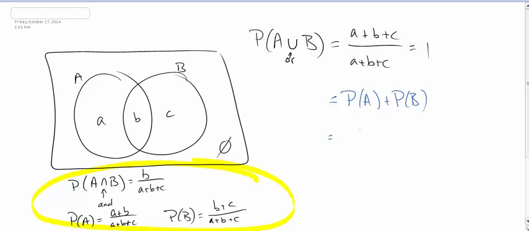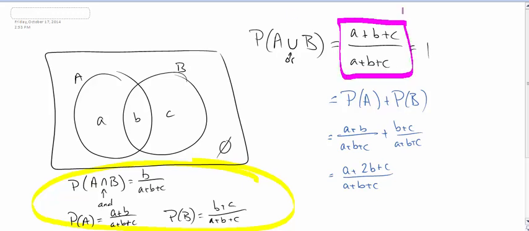We'd have A plus B over A plus B plus C plus B plus C over A plus B plus C. And that would be A plus 2B plus C over the total. And that's not what we said up there. There's too many B's.